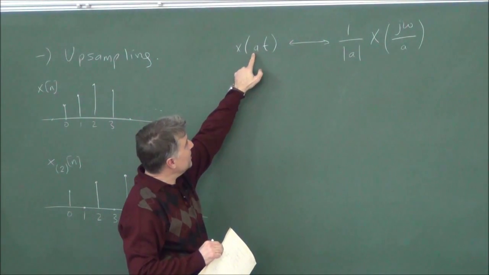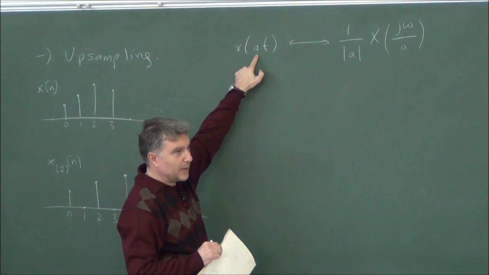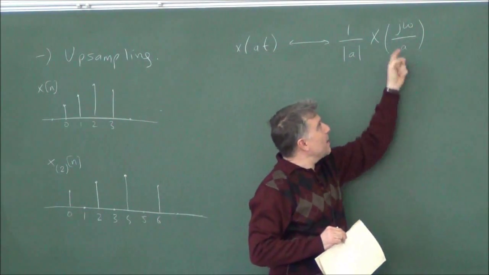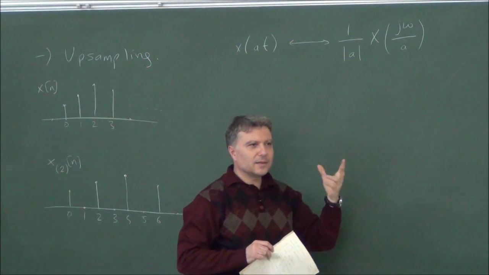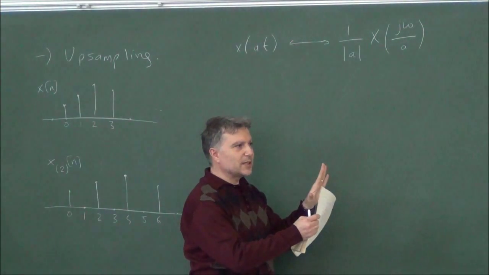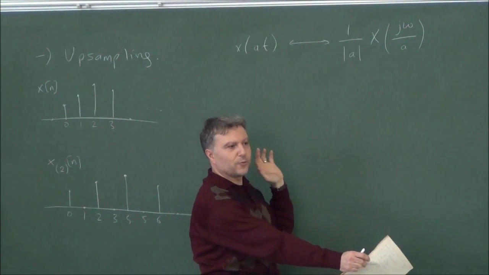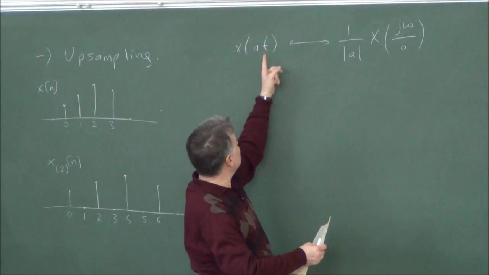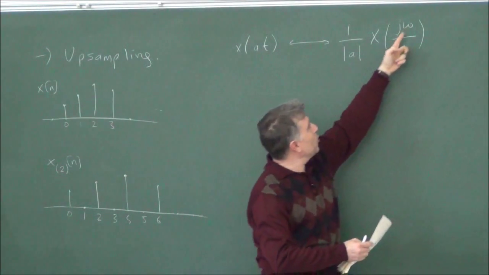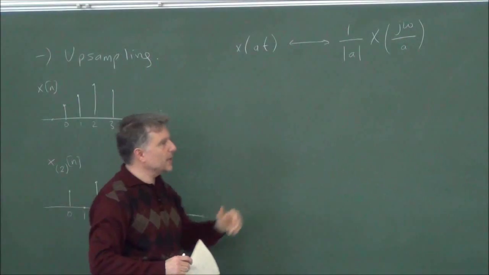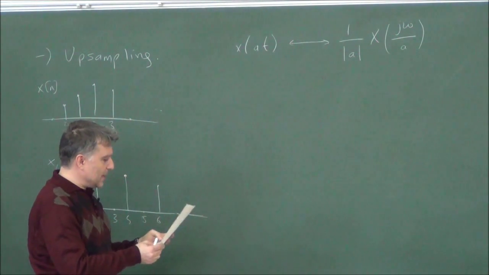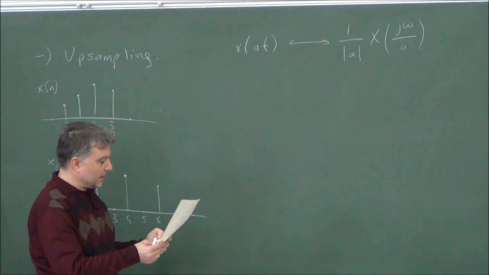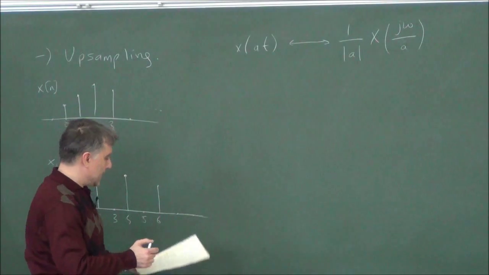So when you multiply t by a, then you have to divide omega by a. That was an expected behavior, right? If you squeeze your signal, it means you are expanding your Fourier transform. If you're expanding your signal, you are squeezing your Fourier transform. So if you multiply t by a, you have to divide omega by a. Inverse relation. This kind of an inverse relation is still valid in the discrete time Fourier transform case as well.